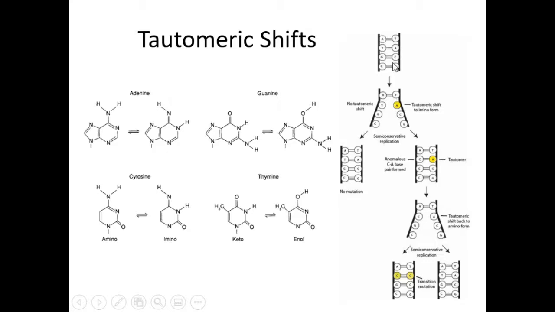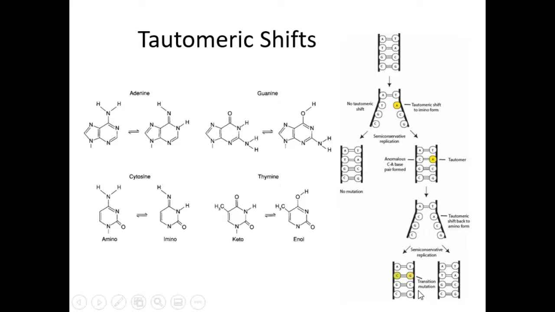For example, during replication, if this A shifts from the amino configuration to the imino configuration, we call this a tautomer. Then this tautomer A will form a complementary pair with C instead of T.